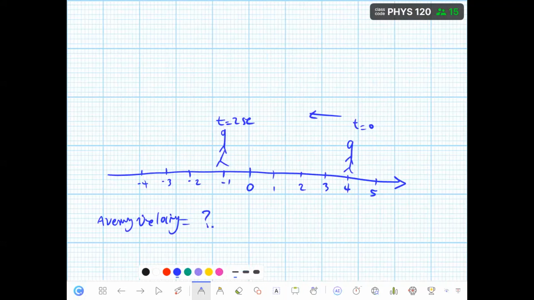Okay, average velocity, -2.5 meters per second. How many of you got -2.5 meters per second? Again, this is simple, but the concept is important.